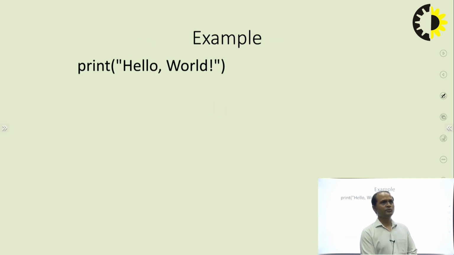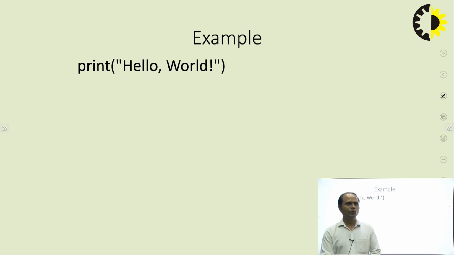Nowadays, suppose we want to show a hello message in the Python language. We can use print, hello world. This is the syntax we use in Python. If this code were run in C programming, we would need some 5 to 6 lines of program.